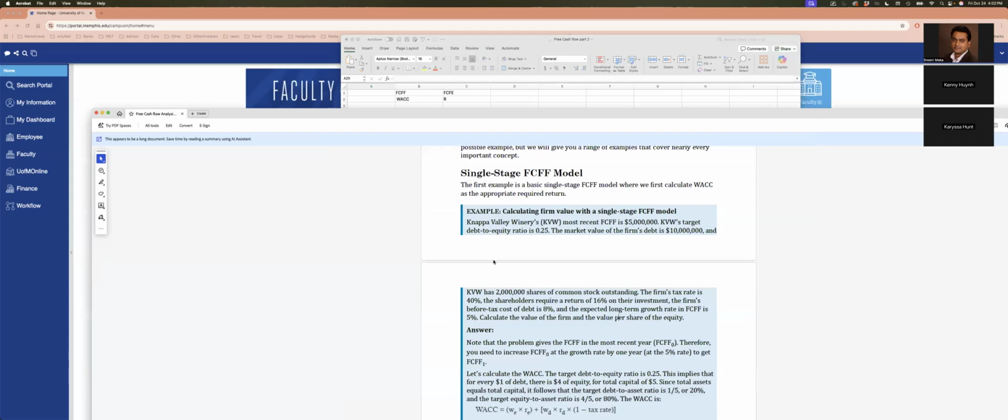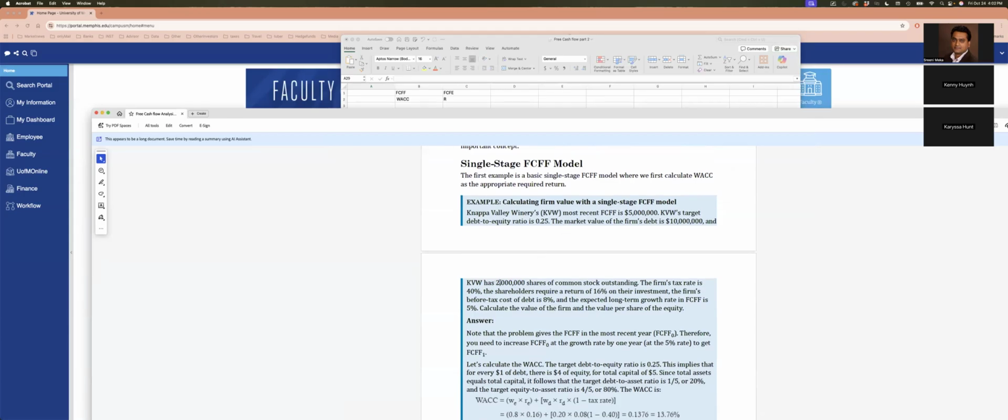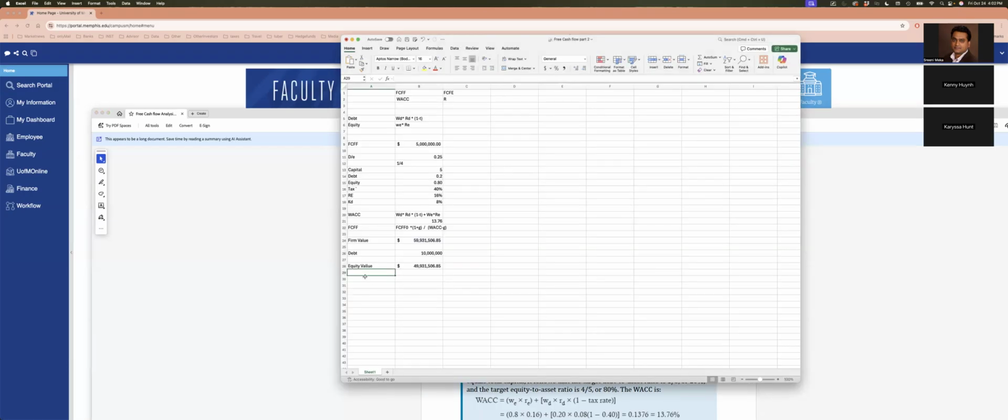But how many shares do they have? Are there any shares given? Yeah, they have 2 million shares, right? So per share, how much is it? The number of shares is 2 million. So the per share value based on the free cash flow is 49 million divided by 2.